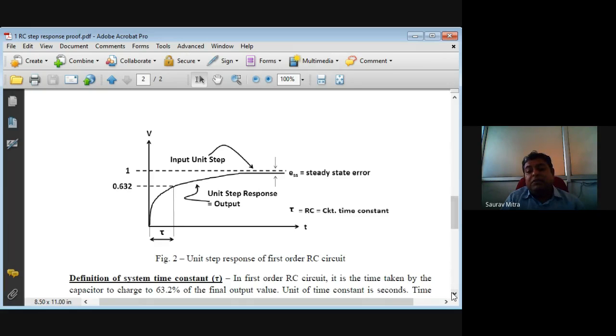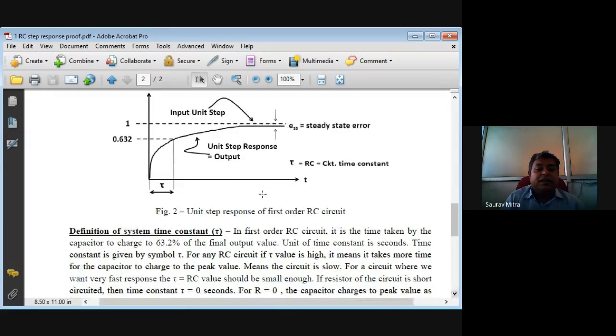What is the definition of time constant? The time constant in a first order RC circuit is given by tau. It is the time taken by the capacitor to charge to 63.2% of the final output value. Theoretically, if we assume the output is reaching the input value of 1 volt, then 63.2% of 1 volt is 0.632.